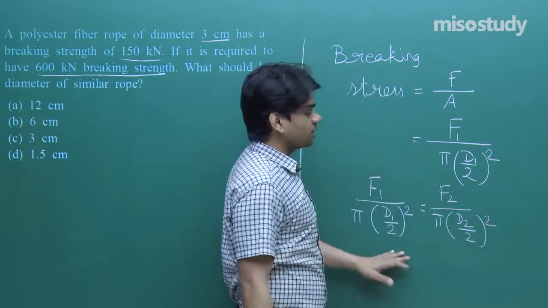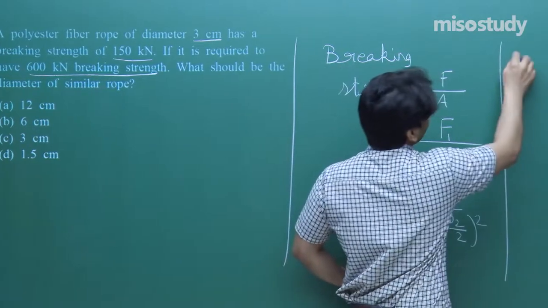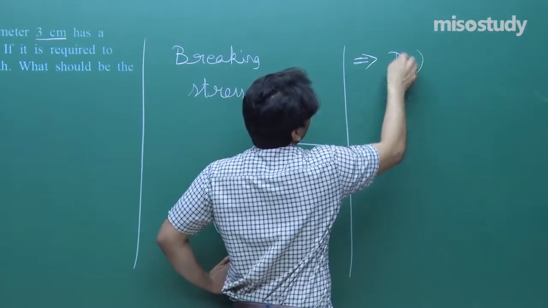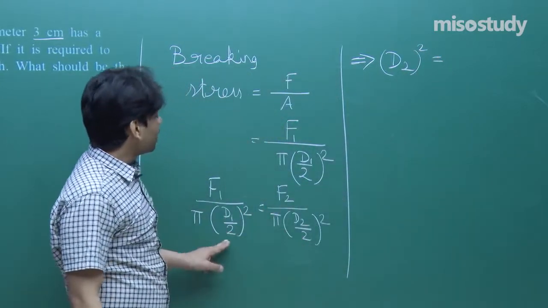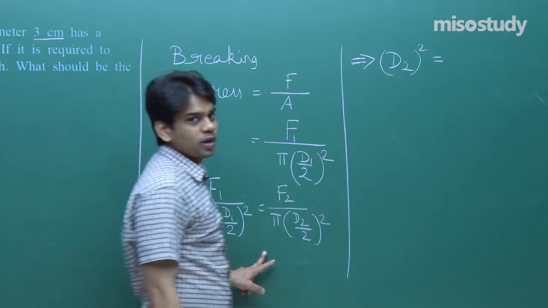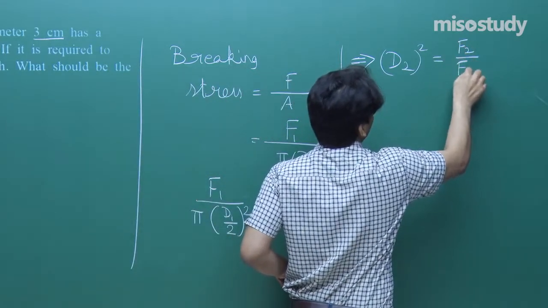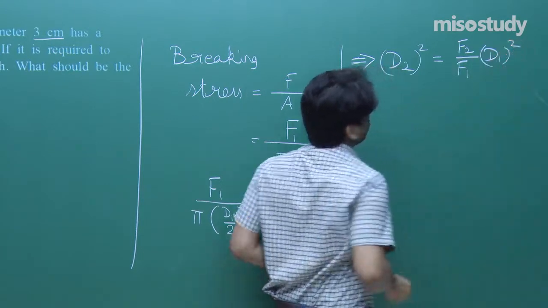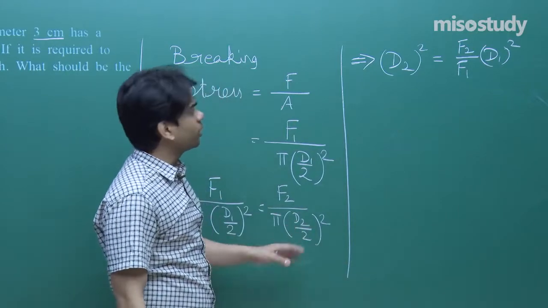From here, we have to find the diameter of the second case. So d2 whole square will be F2 by F1 into d1 whole square.